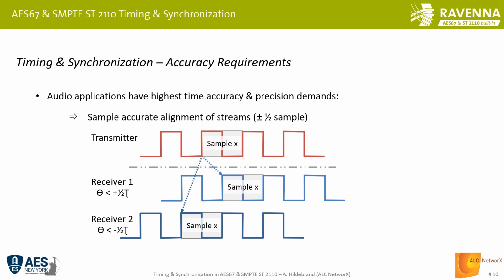So that has a phase shift of minus half a phase period, or sample period, here. So in total, the difference between receiver 1 and receiver 2 is at maximum 1 phase period. That is the requirement we actually need in order to sample-accurately align playouts. If we have a phase deviation which is larger than 1 period, we cannot perfectly align matching samples for a playout.